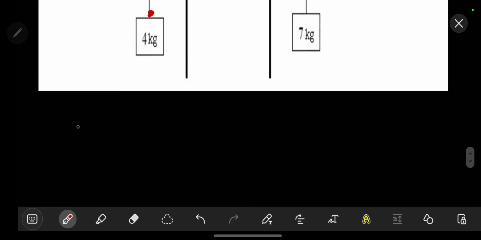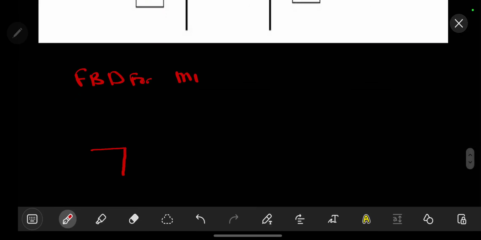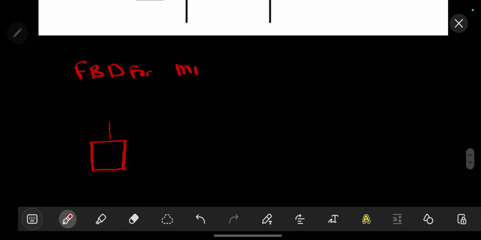We are going to have our free body diagram for M1. So this is the 4 kg one. Upwards, it's experiencing a tension because it's connected to a string.